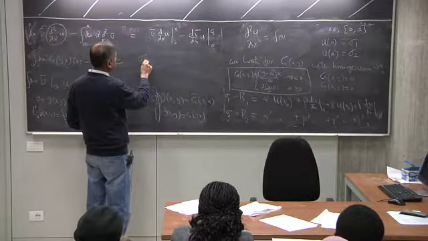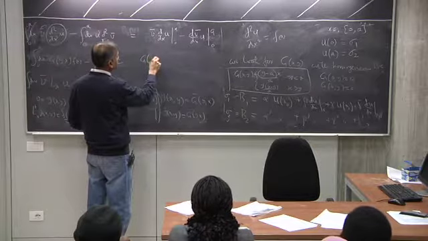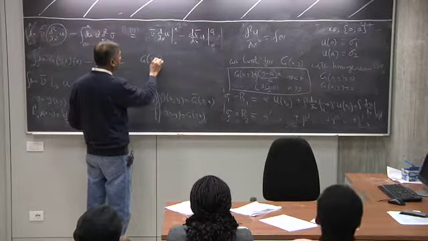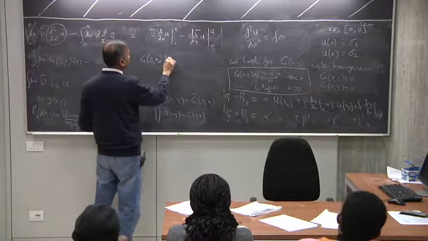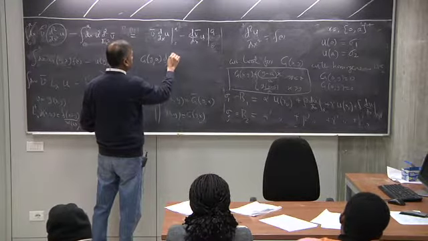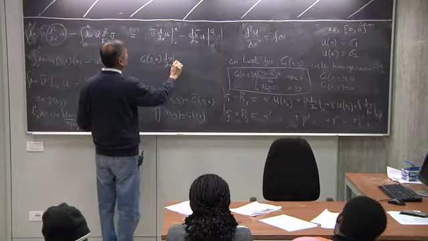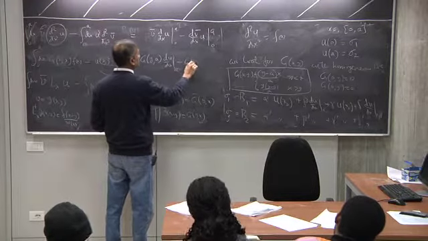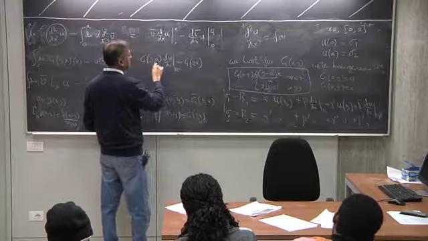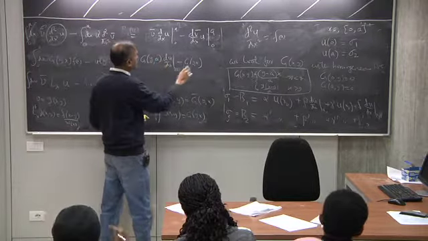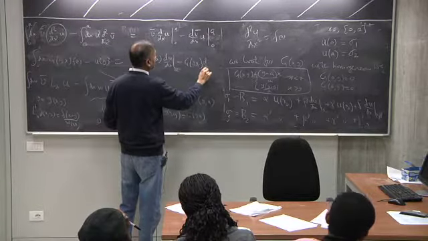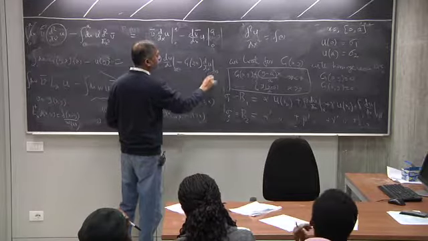So we have g y,x, at a, times du by dx at x equal to a, minus g y,0 times d by dx u at 0.